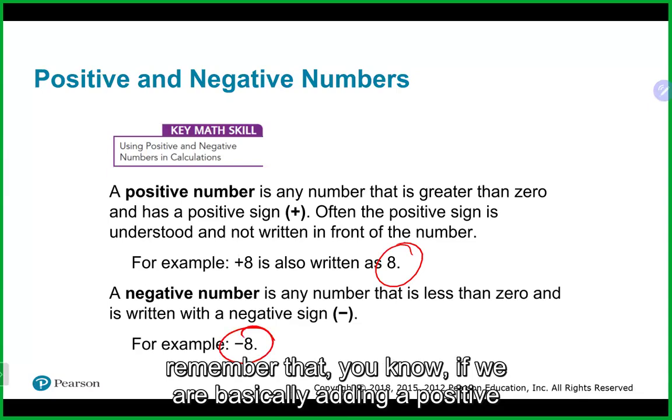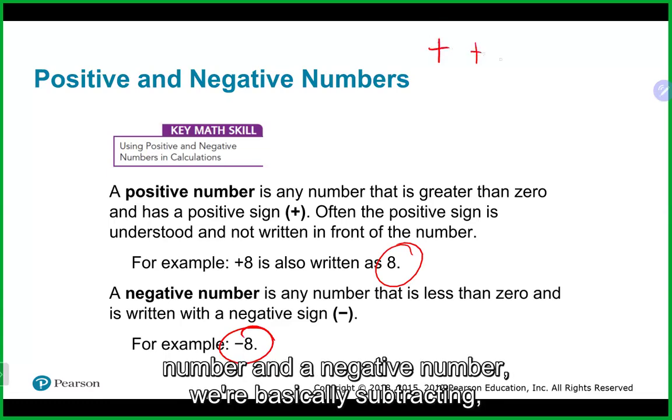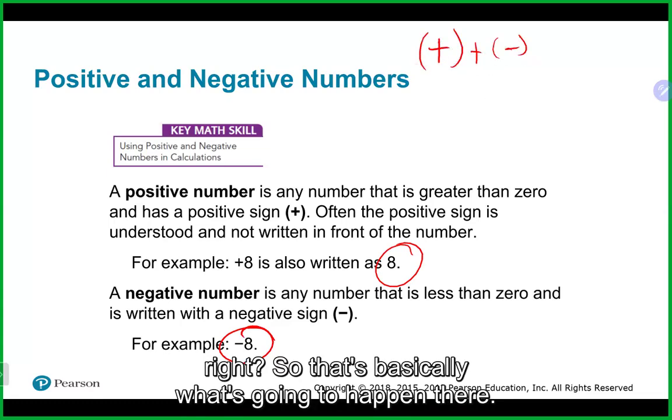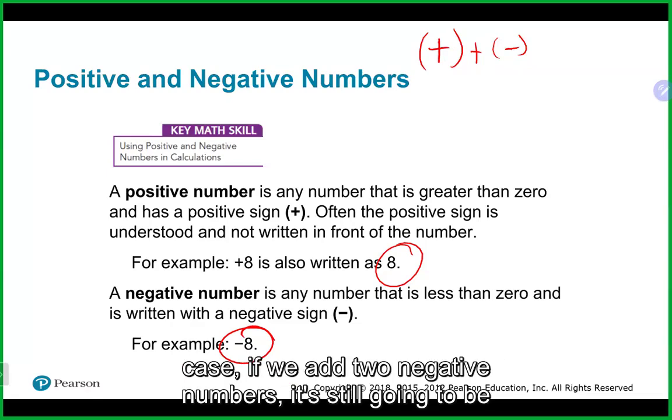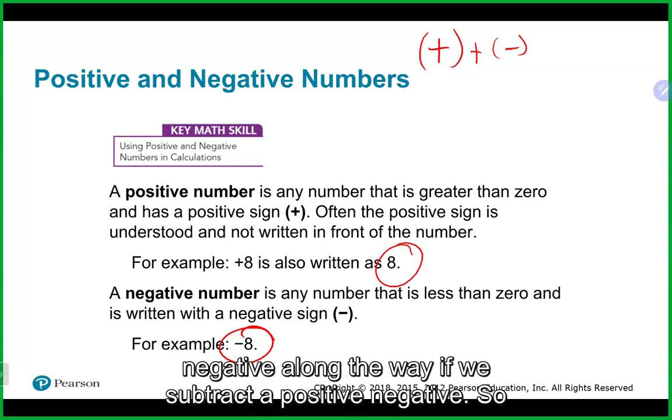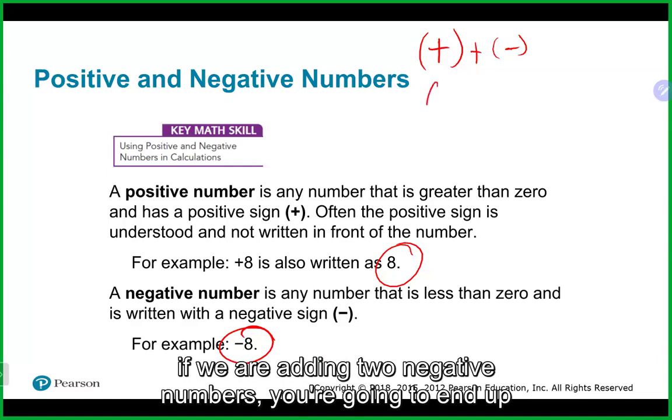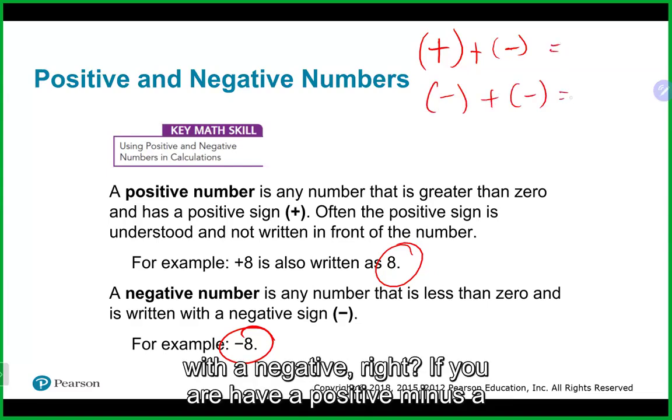And remember that if we are adding a positive number and a negative number, we're basically subtracting, right? So that's what's going to happen there. We're going to subtract the negative number in that case. If we add two negative numbers, you're going to end up with a negative.